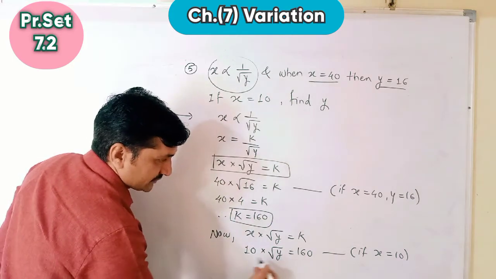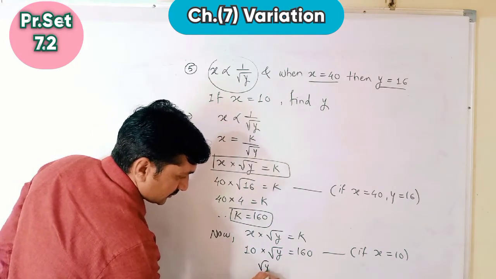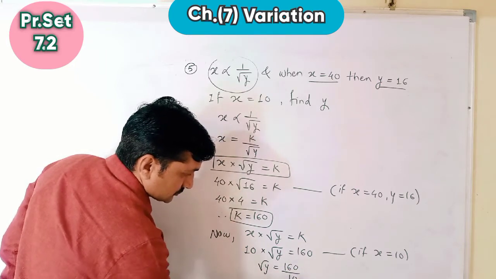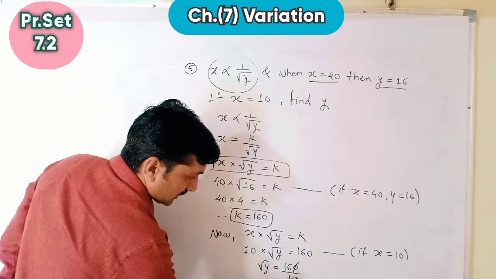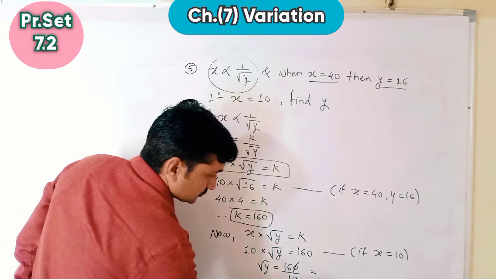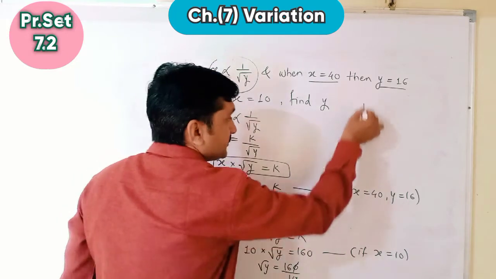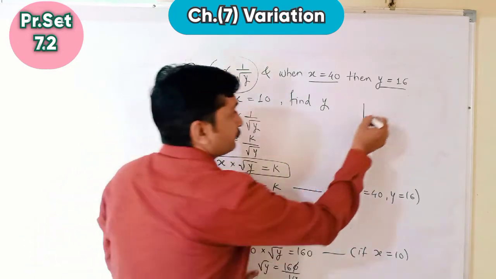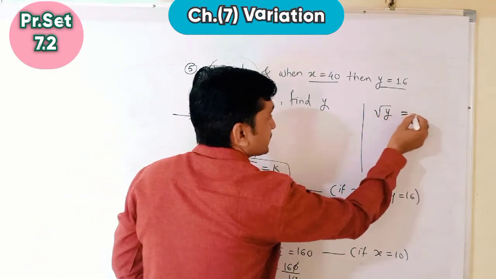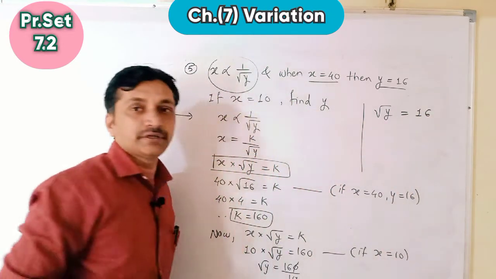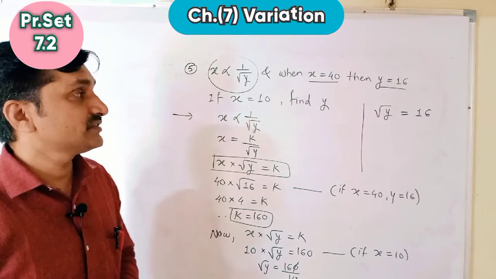Now we have to solve it. Square root of y is equal to 160 divided by 10. 1 0 cancel, so square root of y is equal to 16.